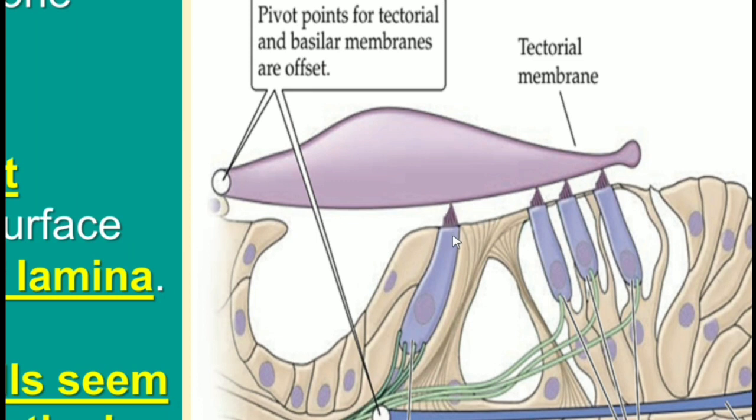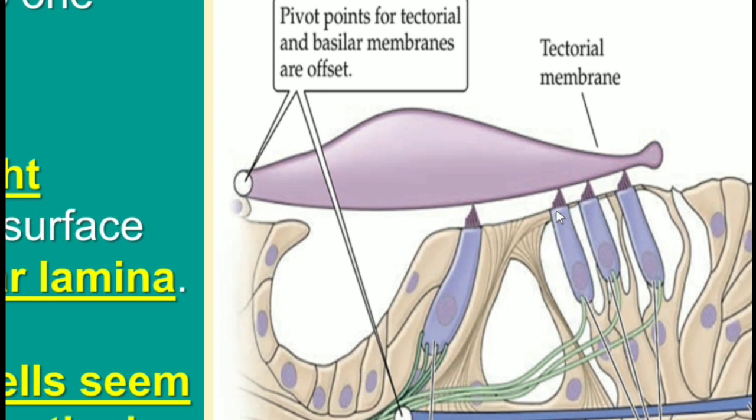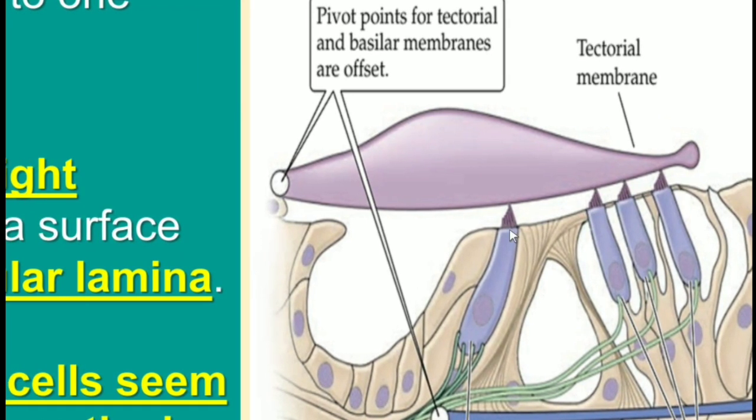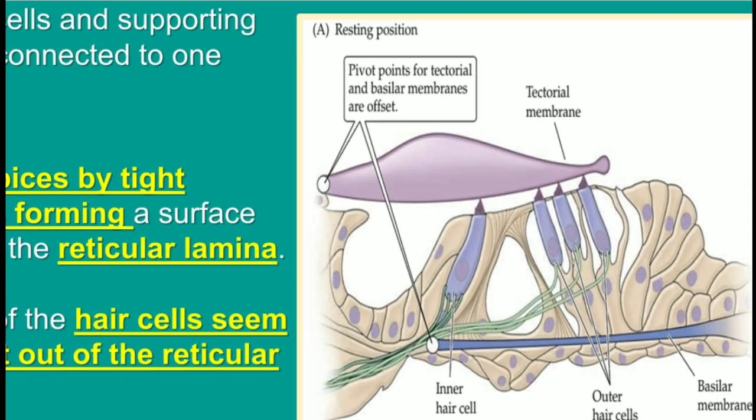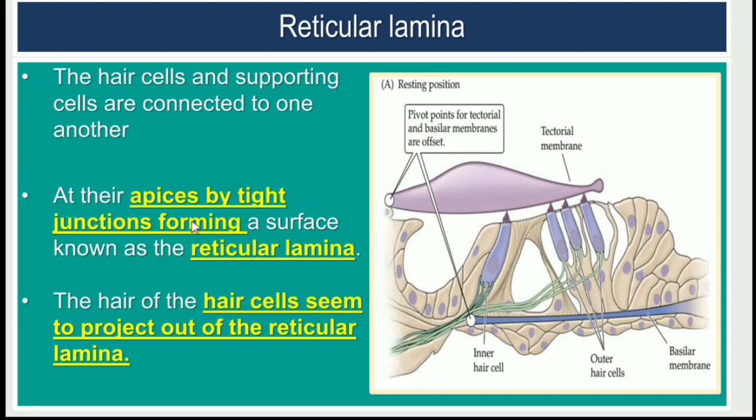The apices, the top part of the hair cells, not the stereocilia, are fused with each other and form a surface, and that is called the reticular lamina.